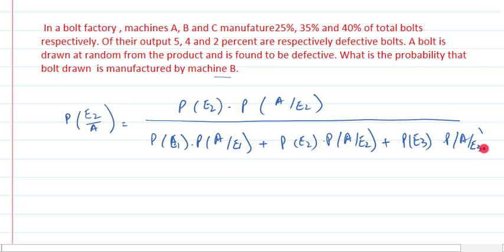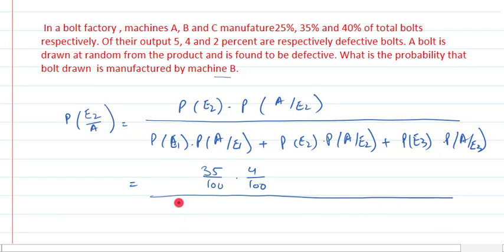So let us put the values. P E2 we have calculated as 35 upon 100 and P A by E2 as 4 upon 100, divided by 25 upon 100 into 5 upon 100 plus 35 upon 100 into 4 upon 100 plus 40 upon 100 into 2 upon 100.